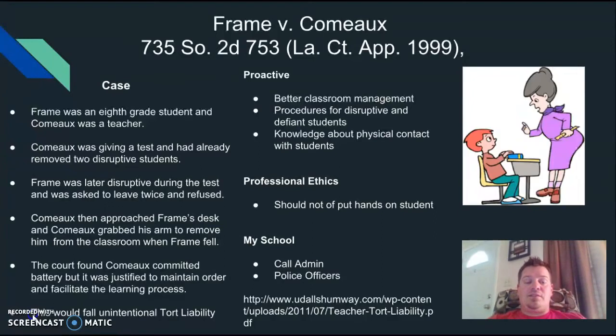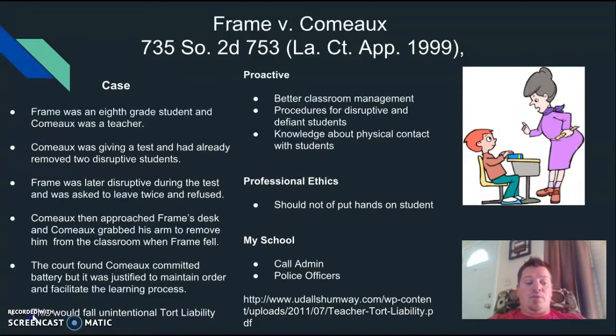He was asked twice to leave the room, and he refused to. So Comics, the teacher, walked up to the desk, and Frame stood up and faced him. Comics then grabbed him by the arm, and the student ended up falling down, fell into a podium, and stumbled backwards and fell into some other things.